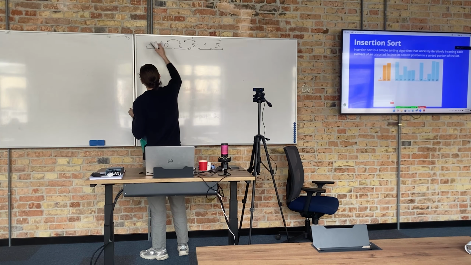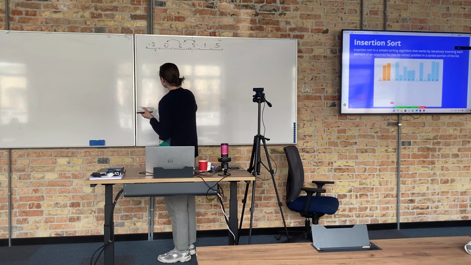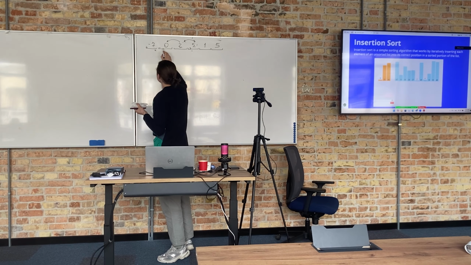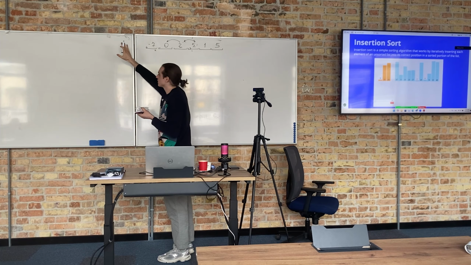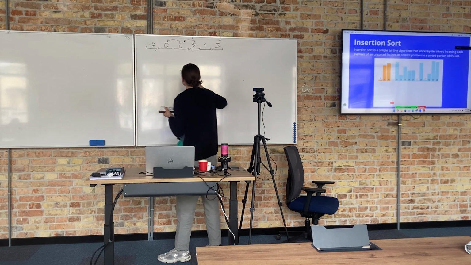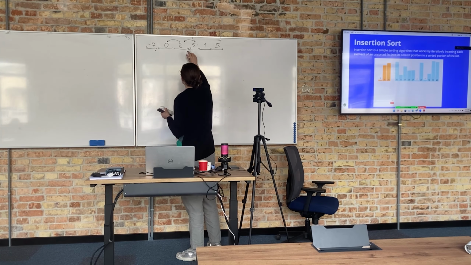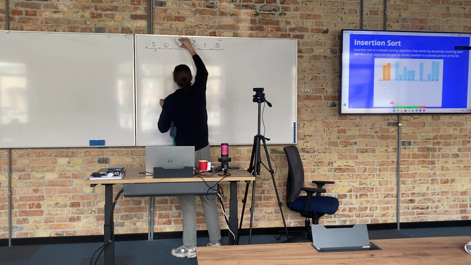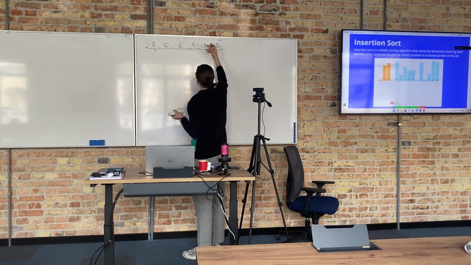Is 0 less than -7? No, we stop here. And we know already that if this element is bigger than the previous one, this means that it's bigger than all elements before it. Yeah, and we do this for every element. Same logic with 1.